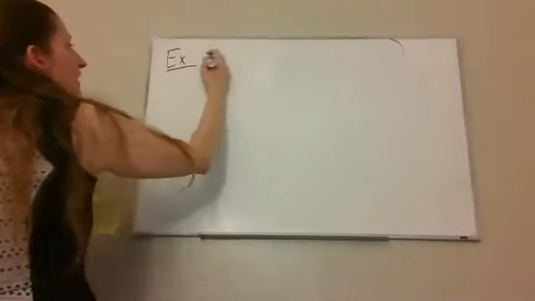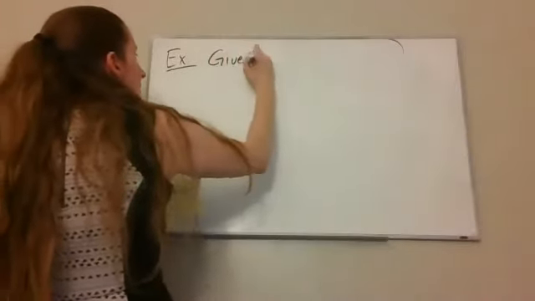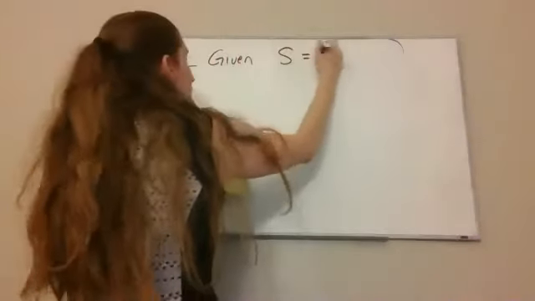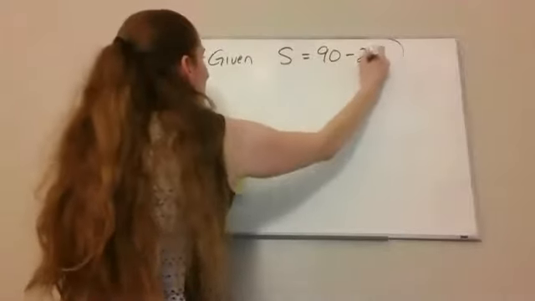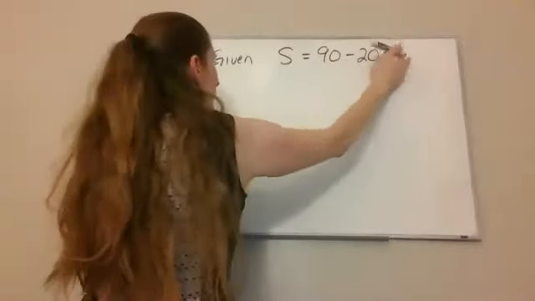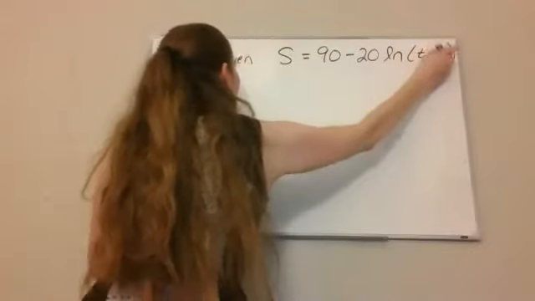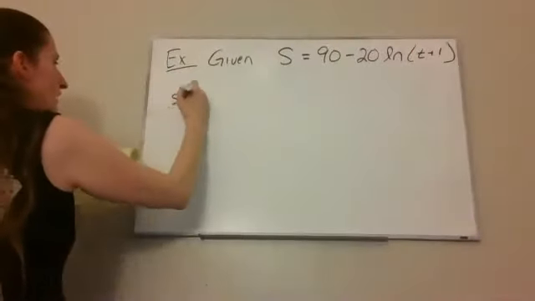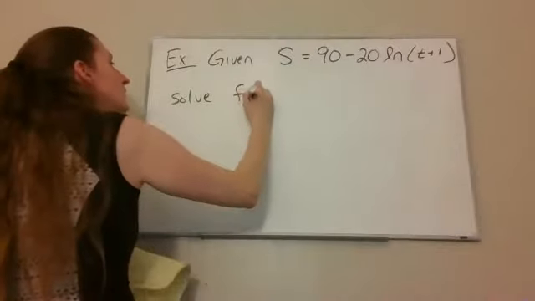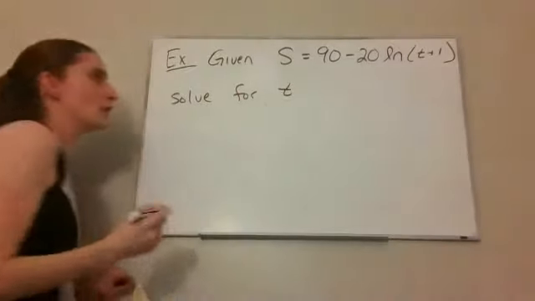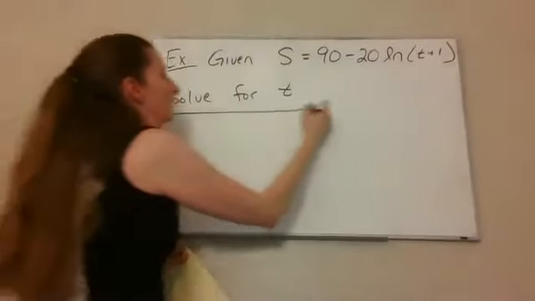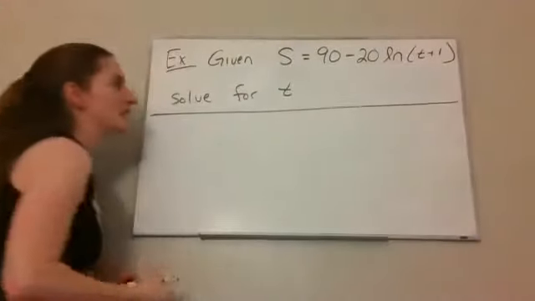So next example, given S equals 90 minus 20 natural log of t plus 1, solve for t. So this one only has two variables, capital S and little t.